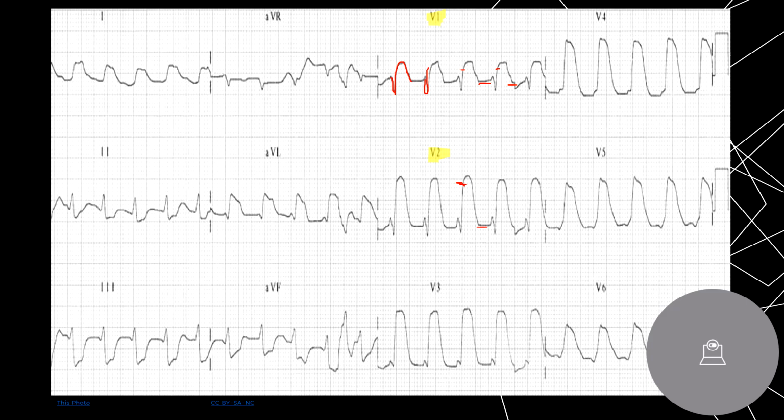So absolutely elevation in the septum. Again, anterior. Right? You can't even make it out in lateral. So lateral, yes. And then lead 3 again is inverted. Depression, depression.